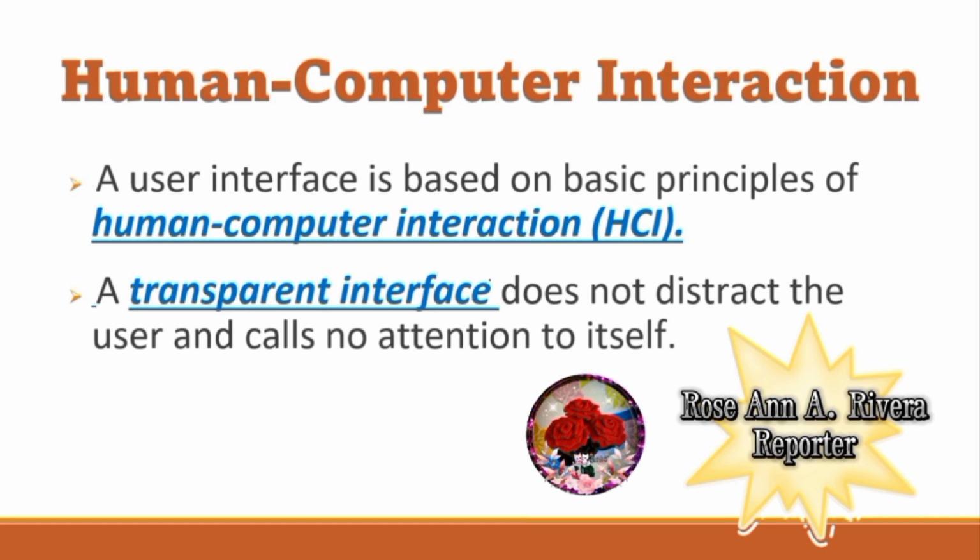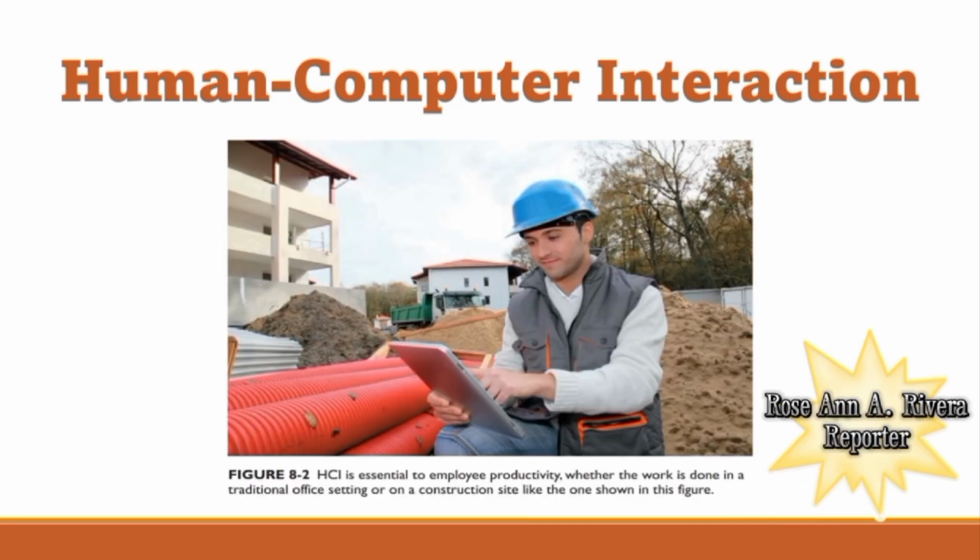A big part of this is the user interface, what the user sees and uses. A good interface should feel natural and easy, not distracting. It should help the user focus on their task, not on figuring out how to use the system. Human-computer interaction is essential to employee productivity.